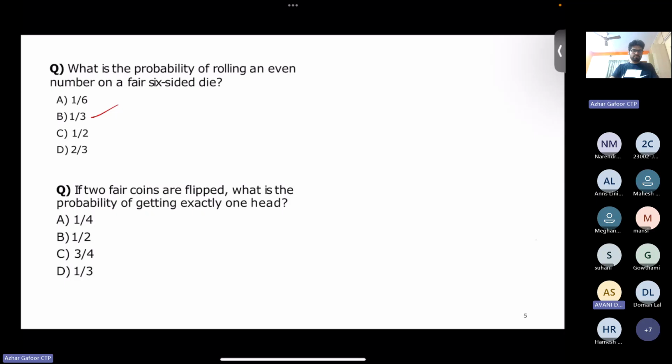The second one, 1/4. How 1/4? Can you just tell me the elements in the event?